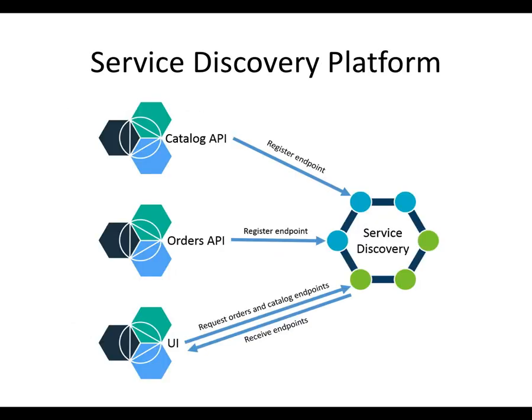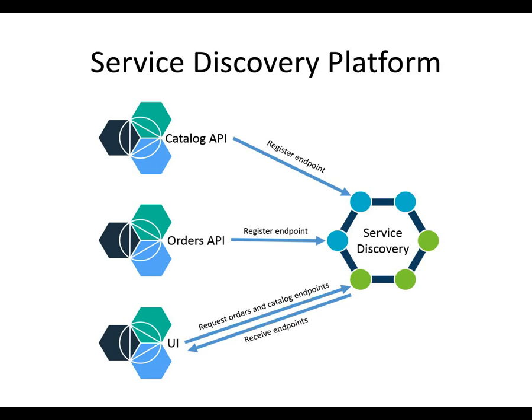How do these platforms work? I think this diagram gives a pretty good example of how most of these service discovery platforms operate. Here's an example where we have 3 different services. We've got a catalog API, an order API, and some sort of user interface.